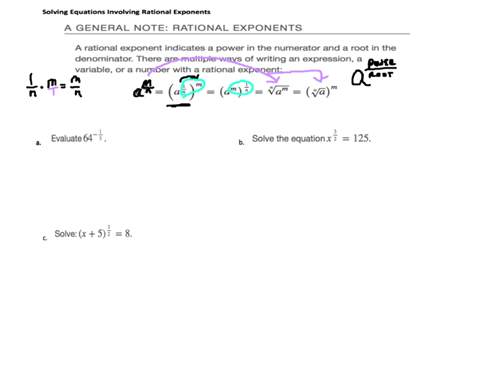In other words, if I have x to the 2/3, that is the same thing as x squared, there's the power, and I'm taking the cube root of all of that. So that's why those next two are written there, because you're expressing the same thing no matter if you say x to the 2/3 or the cube root of x squared.